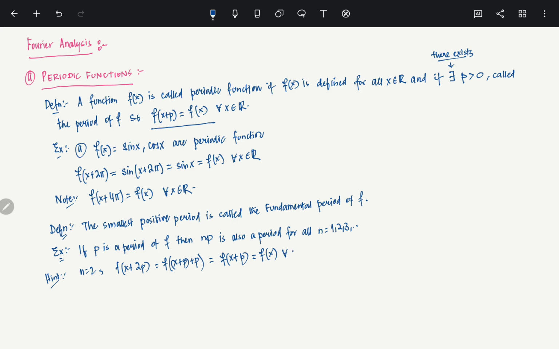So for all x in R, f of x plus 2p equals f of x, and hence you can show that this is true for any n in a similar manner. So please do that.